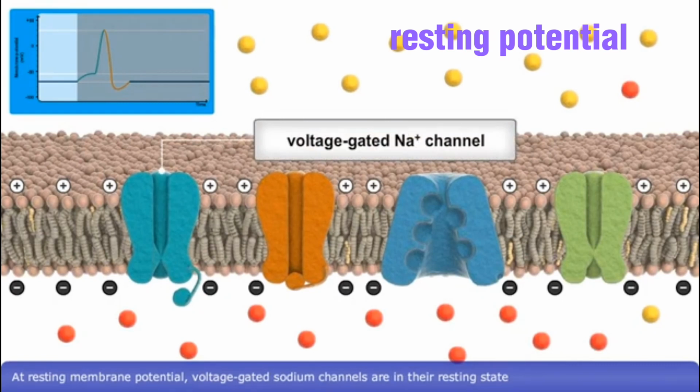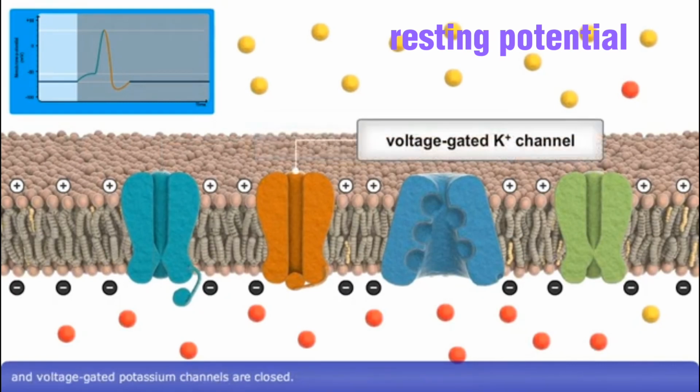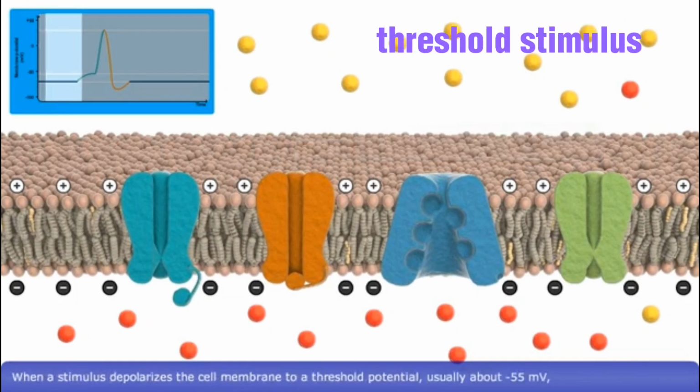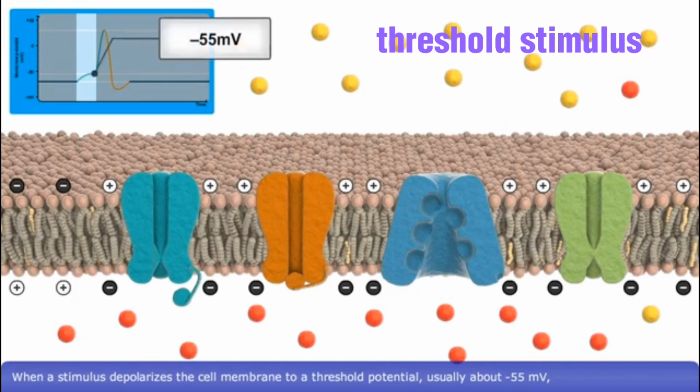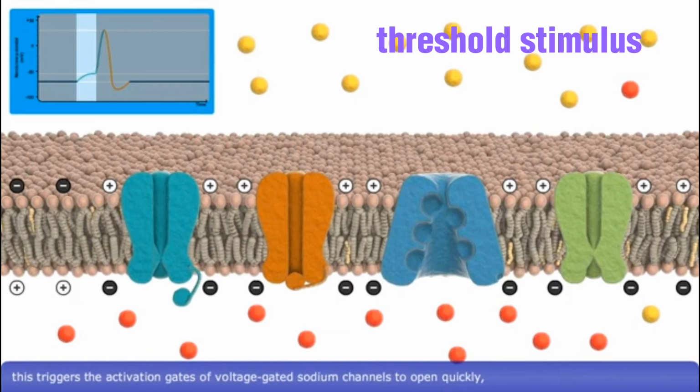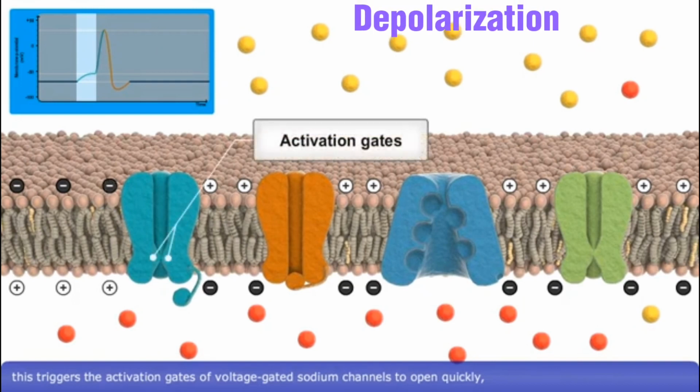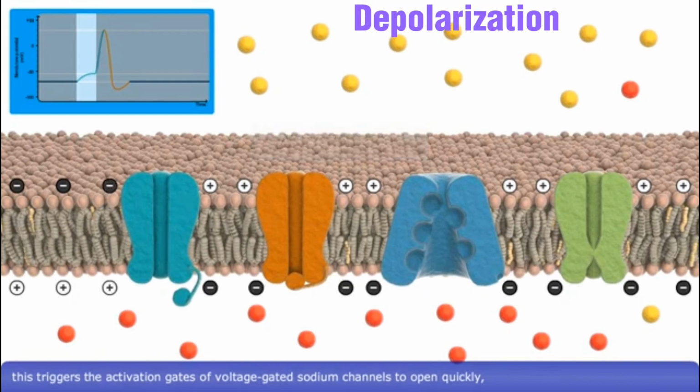Voltage gated sodium channels and potassium channels are closed. When the nerve is activated by a threshold stimulus of about minus 55 millivolt, the depolarization occurs. Voltage gated sodium channels are opened.